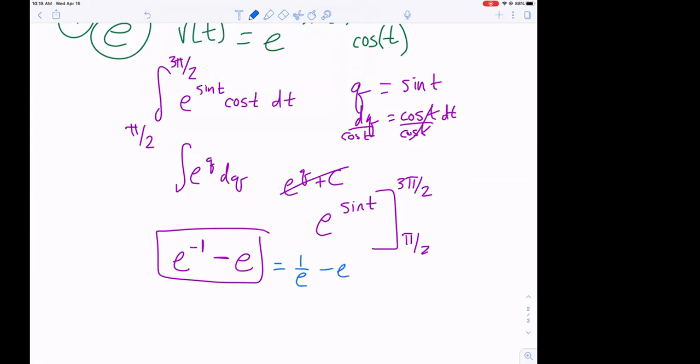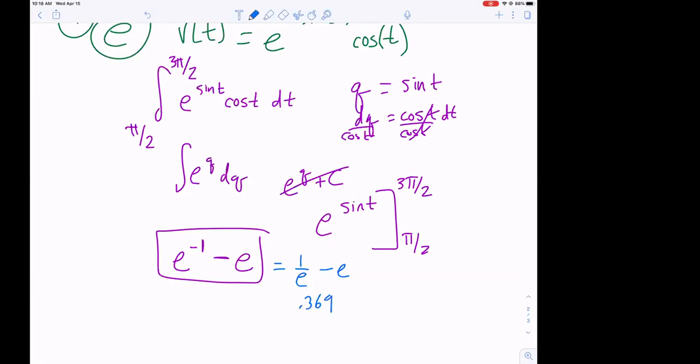So this is definitely going to be a negative number if I'm looking at it, because 1 over e is some decimal, because it's 1 divided by 2.71 or something, and this is 2.71. So I'll just use the calculator on my phone really quick. I do 1 divided by 2.71, that equals 0.369.